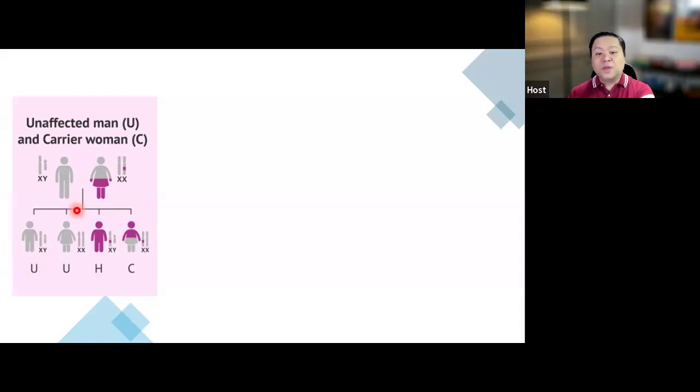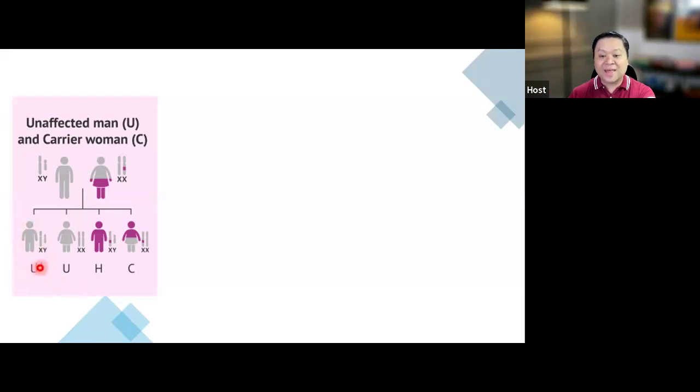So when this happens, when the son inherits the X chromosome with a mutation, he will have hemophilia because he lacks the second X chromosome with the normal gene to compensate for the mutation. So that is why you will see here that the other son might not get the defective gene coming from the mom.